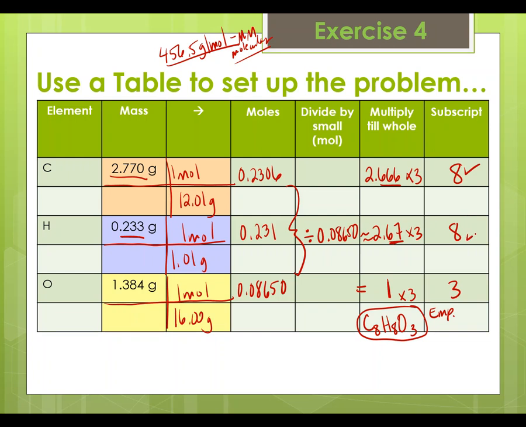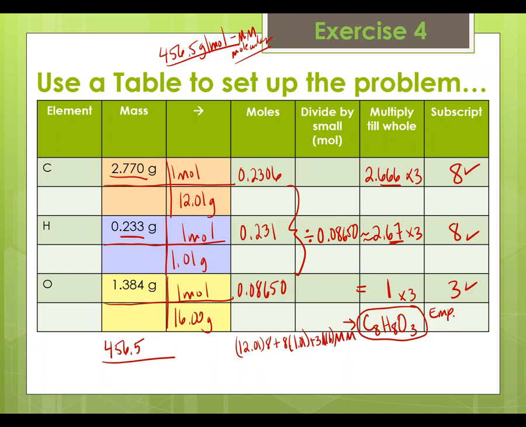We found our subscripts. Now, in order to find the molecular formula, we need to take our molar mass and divide it by the molar mass of the empirical. Well, we've got 12.01 times 8 plus 8 times 1.01 and 3 times 16. We add all that up.